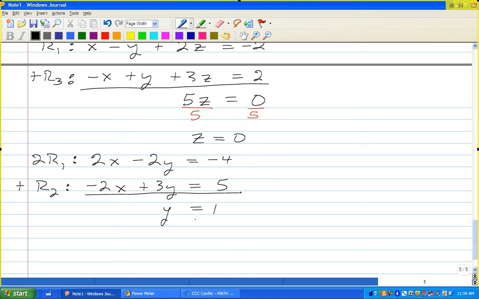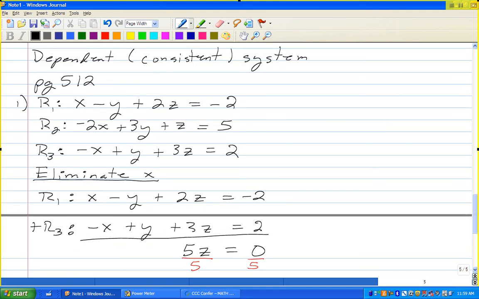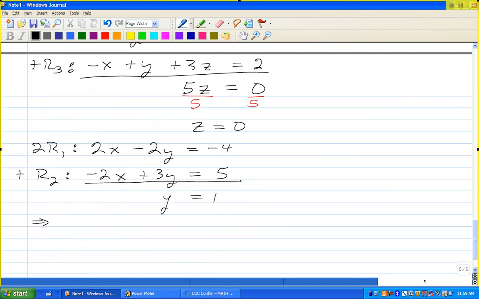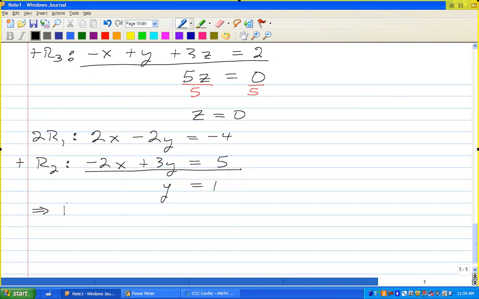Good. So far I figured out y and z. All I have to do now is figure out x. And I can use any of the three equations to figure out x. Maybe I'll just use the first equation. So let me use R1 to solve for x. So x minus y plus 2z equals negative 2. And so add 1 to both sides of your equation.